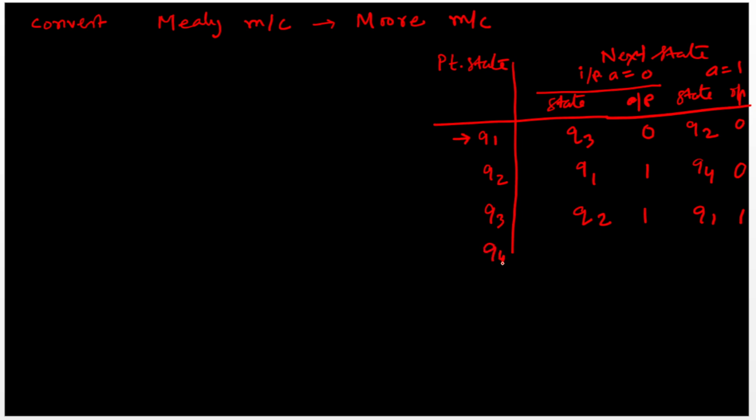And q4: on 0 it goes to q4 with output 1, and on 1 it goes to q3 with output 1. Suppose this is the Mealy machine.